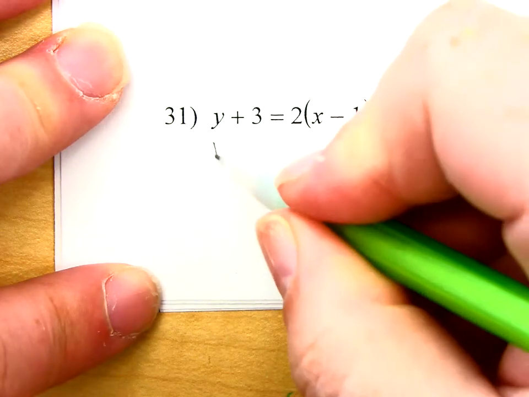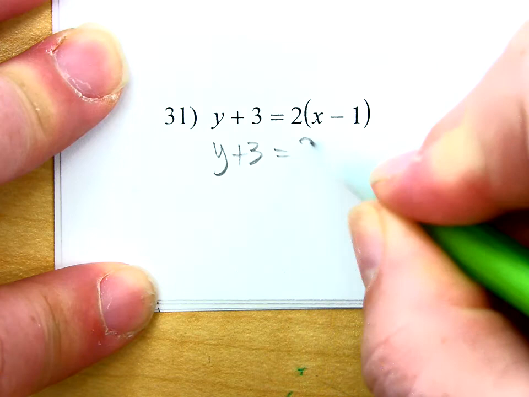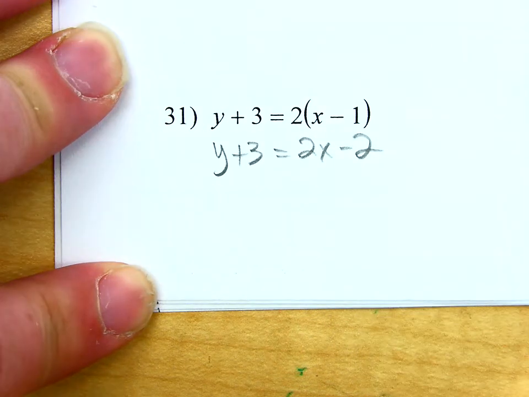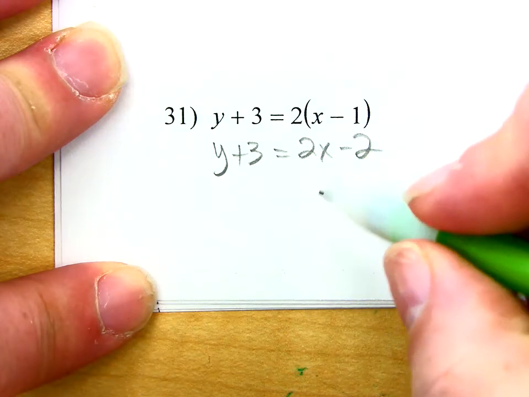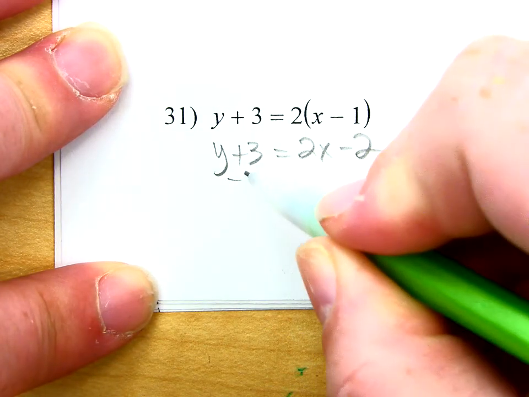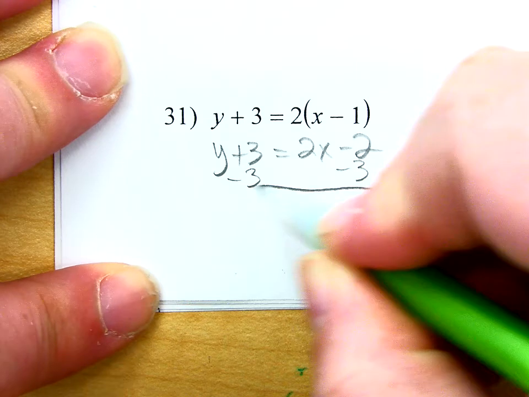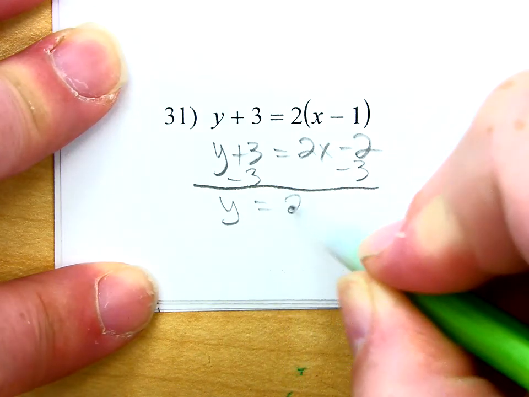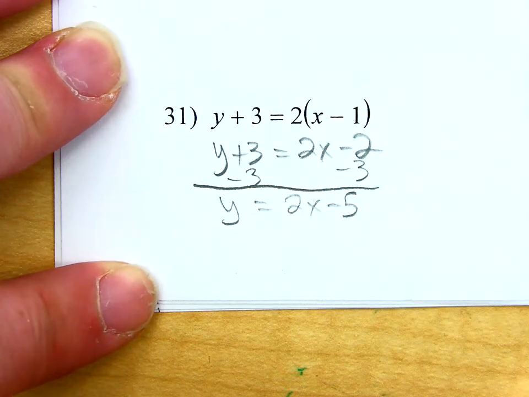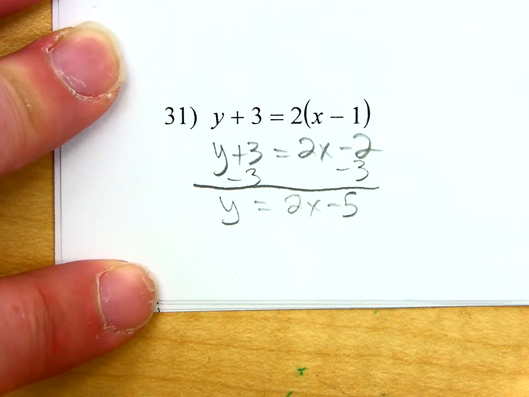I would still distribute. And now it's not so bad. What would you do now? You could. And then, oh, you're in slope-intercept form now. We got to get to standard.